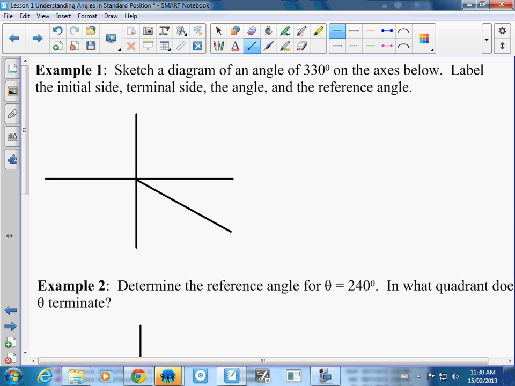How do I label all this on here? Where's my initial arm? Is that the initial arm right there? Initial arm, or initial side. You'll see initial arm, initial side, it really doesn't matter what you call it. Where's my terminal?